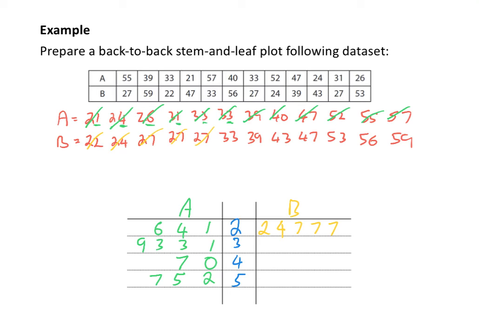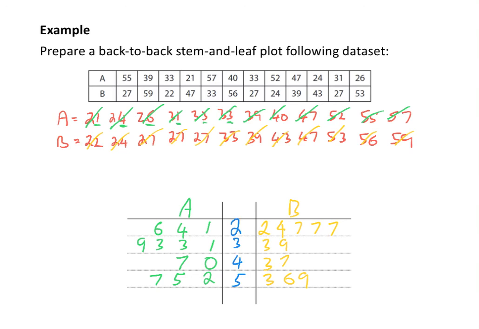Then I've got 33 and 39 in my 30s, 43 and 47 in my 40s, and 53, 56, and 59 in my 50s. So I've now prepared a back-to-back stem and leaf plot.